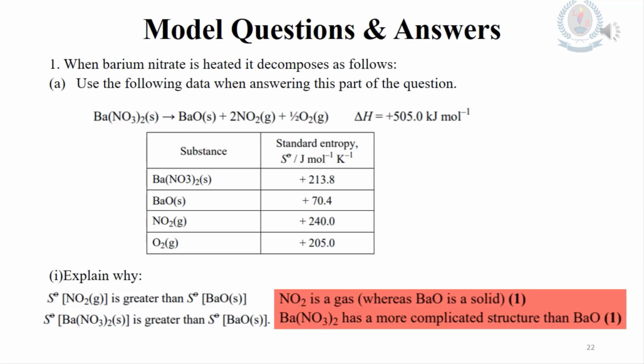Therefore, nitrogen dioxide gas has more disorder. Next one, entropy of barium nitrate solid is greater than entropy of barium oxide solid, because barium nitrate has a more complicated structure than barium oxide.